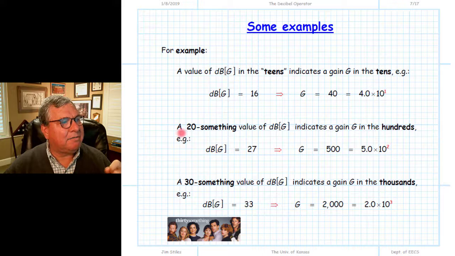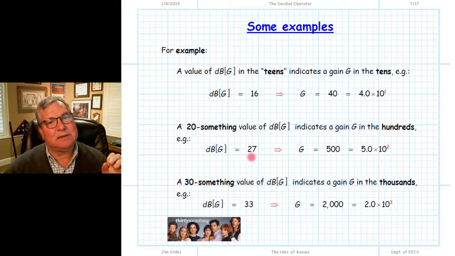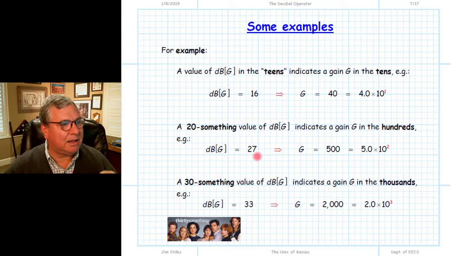If we have a gain when expressed with the decibel operator in the 20s, that means the actual gain itself is in the hundreds. In this case, 500 results in a gain of 27. Again, that first digit there, 2, tells us that the gain is going to be somewhere in the hundreds.